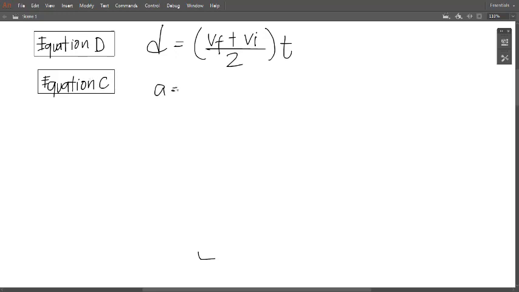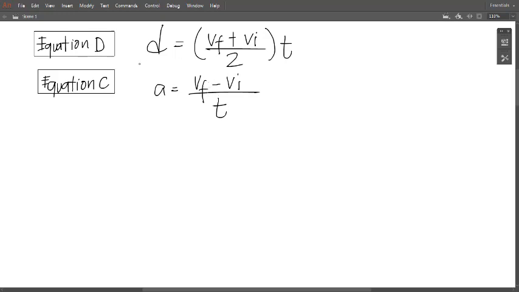So equation C is a is equals to the difference between final and initial velocity over time. Okay, so as we have earlier, we will be rearranging C to arrive at final velocity is equals to initial velocity plus the product of acceleration and time.